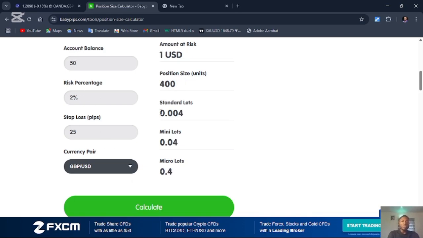Once you click calculate, you can see that it is 0.004, and you can hardly see brokers that give you lot size as low as 0.004, meaning that in this $50, you only want to risk 1%. So that is why it is recommended that you risk 5% of your account, so that you should be going with 0.01. And if this trade should go against you, you are risking $2.5 on this particular trade.